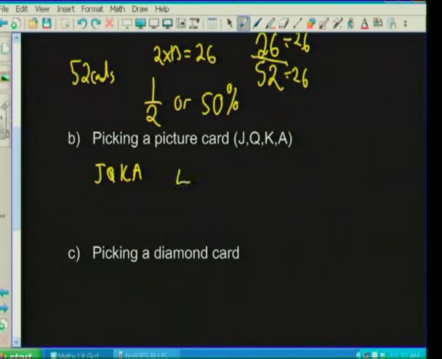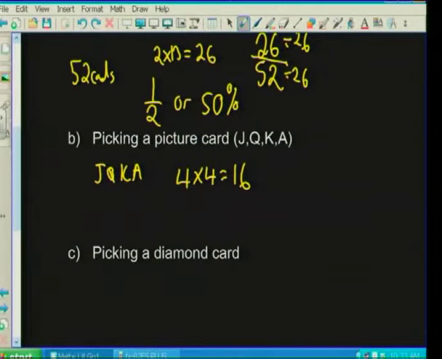So that means it's 4 times 4, which equals 16. So we have 16 cards that would be classed as picture cards in a pack of 52. So to express our probability here, we're going to say 16 out of 52.